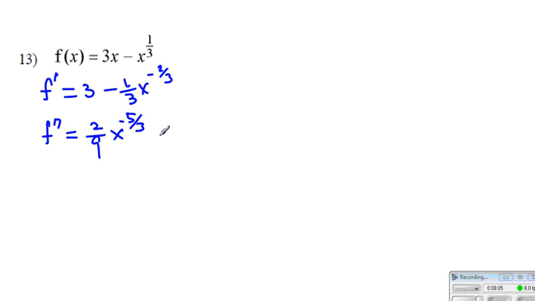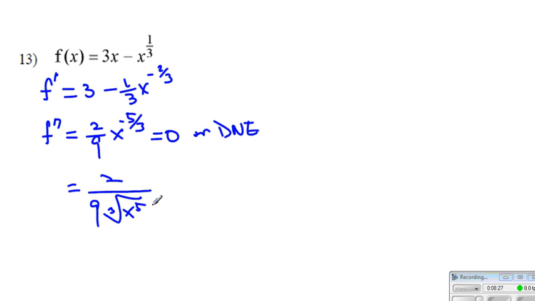Now, once again we have to set this one equal to 0, or undefined, or does not exist. But if you rewrite this one, what we end up getting is 2 over 9, and then cube root of x to the 5th power. Now simply, this will never be equal to 0, but it can be not defined when x equals 0.